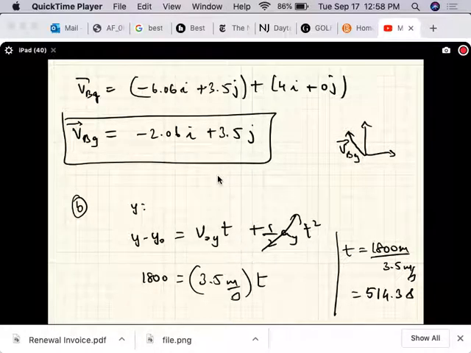Okay, so it takes him 520 seconds, which is roughly 8 minutes.